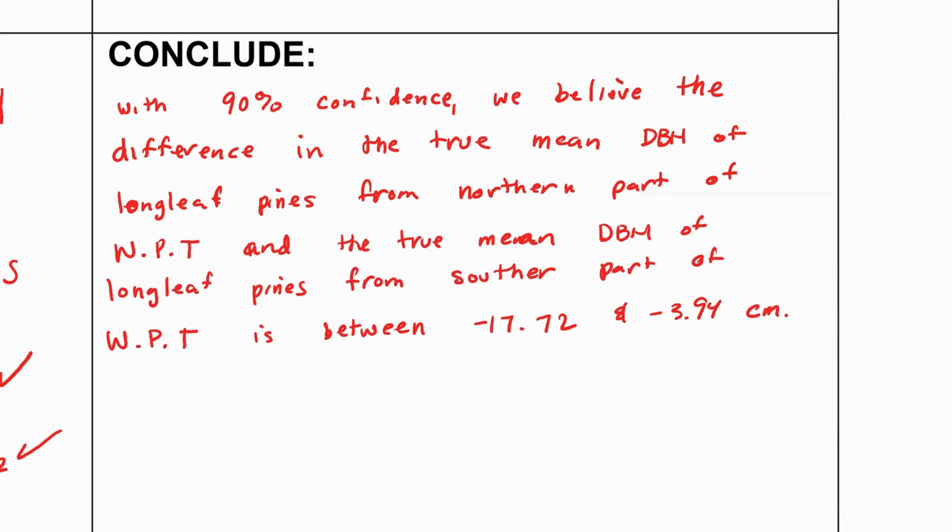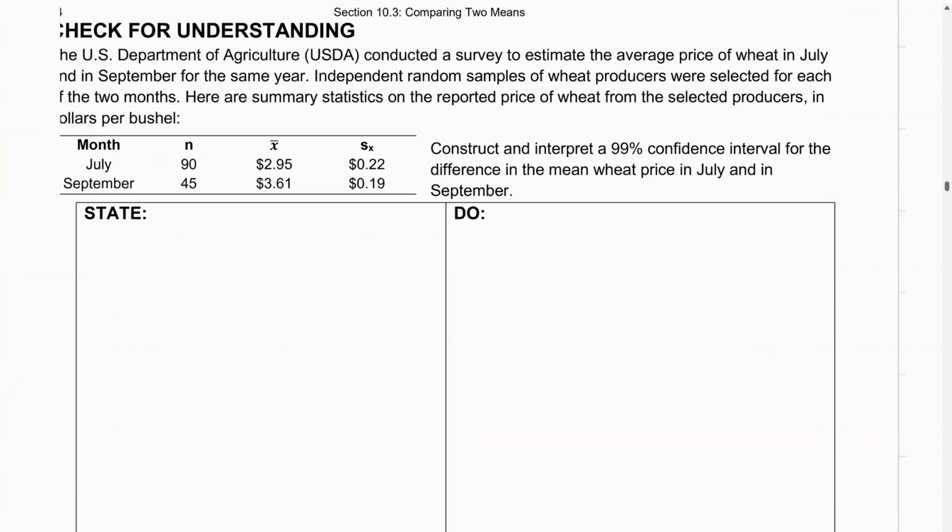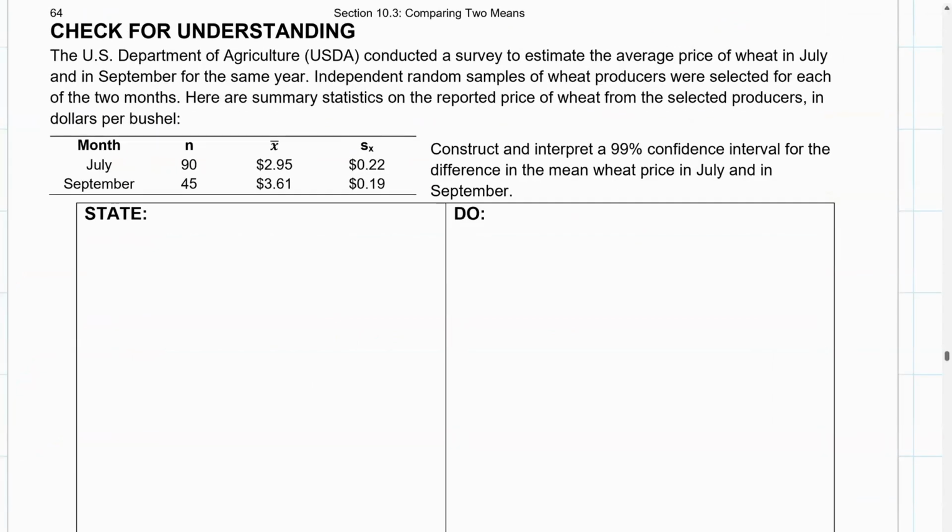All right, let's do one more to make sure that we've got this. It says the U.S. Department of Agriculture conducted a survey to estimate the average price of wheat in July and in September of the same year. Independent random samples of wheat producers were selected for each of the 2 months. Here are summary statistics of the reported price of wheat from selected producers in dollars per bushel. So we've got, again, 2 distinct populations.